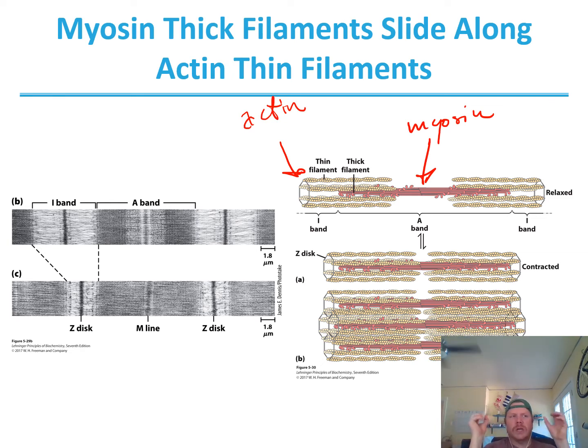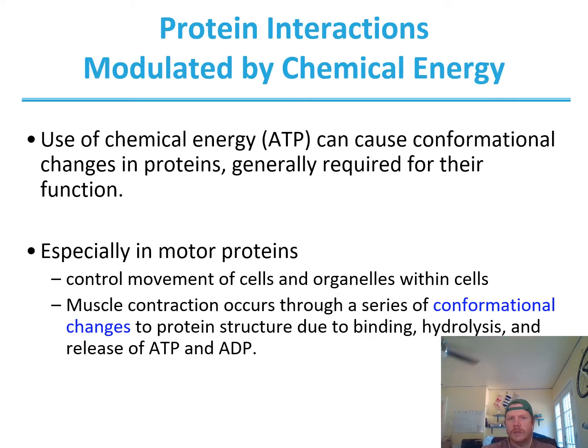What they can do is cause a contraction and a relaxation. When they're contracted, there's overlapping of the actin filaments and myosin filaments almost 100%. Whereas when they're relaxed, the myosin is overlapping only a fraction of the actin filament.